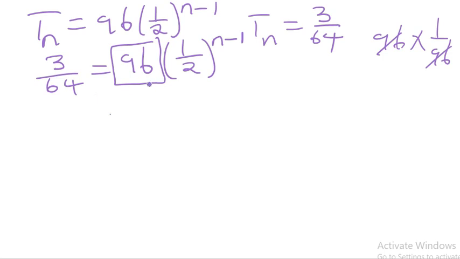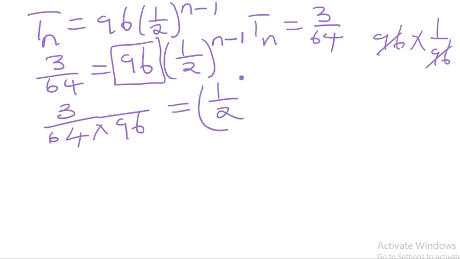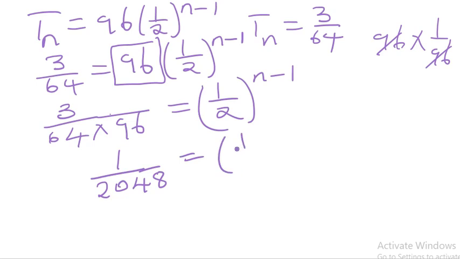So if we multiply by 96, we get 3 over 64 multiplied by 96 is equal to 1 over 2 to the power of n minus 1. So this is what we have: 1 over 2048 is equal to 1 over 2 to the power of n minus 1.